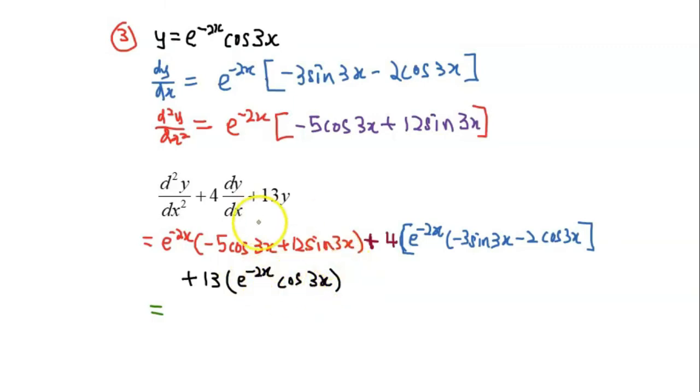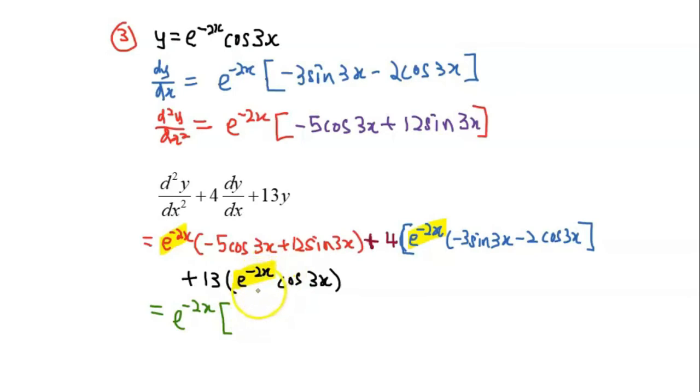Now, notice that we have three parts here: first, second, and third. These three parts have the same common factor, which is e to the power of negative 2x. So, we will simplify by factorizing out e to the power of negative 2x.